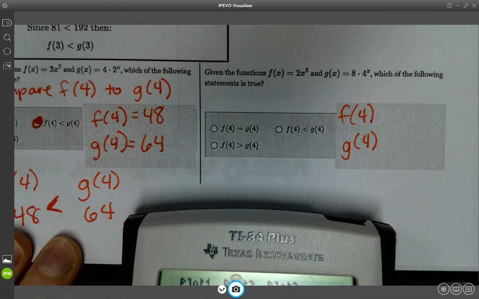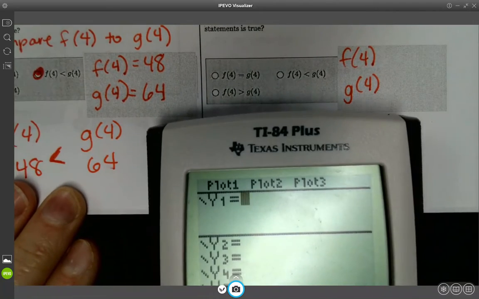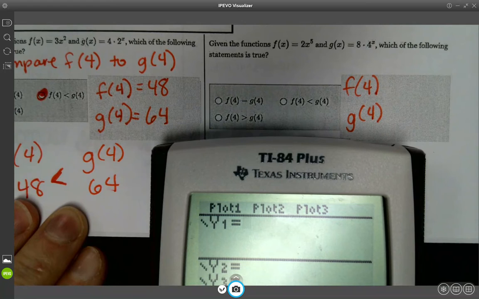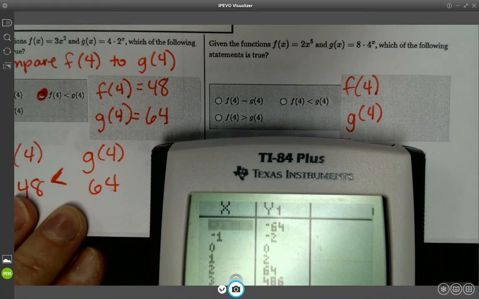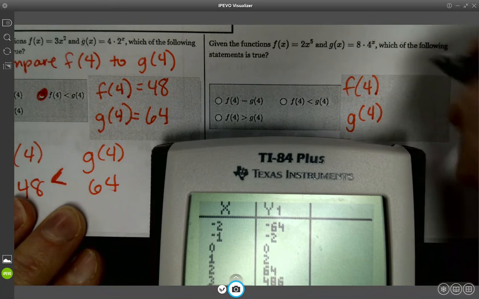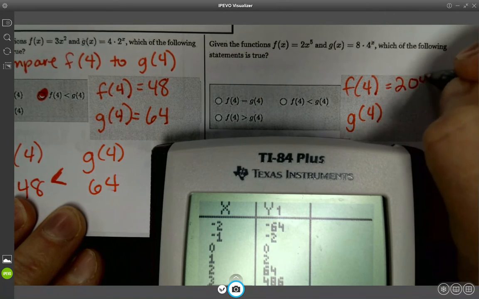So go back to y equals, push clear, and let's put in the f function, 2x raised to the 5th. And if you want to come back down from the exponent, just arrow over, and it'll come back down. 20. Oh yeah, I thought it was 214.